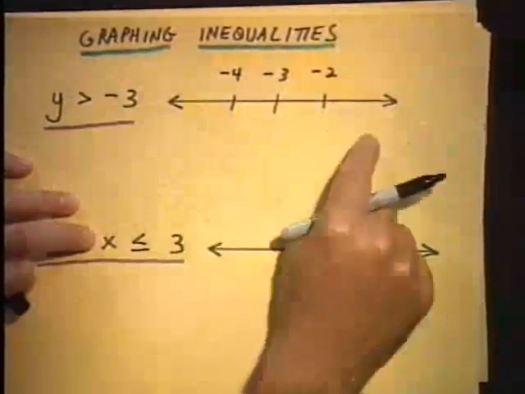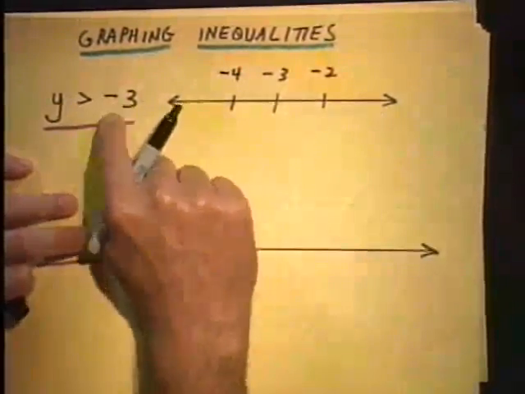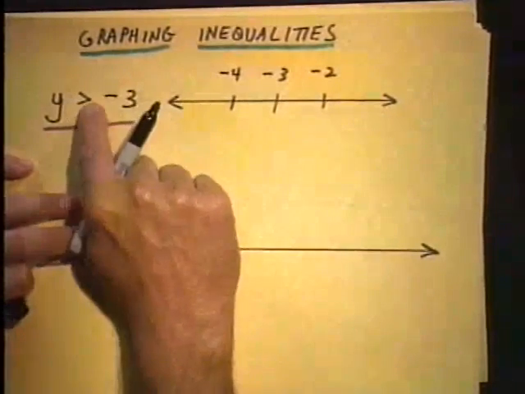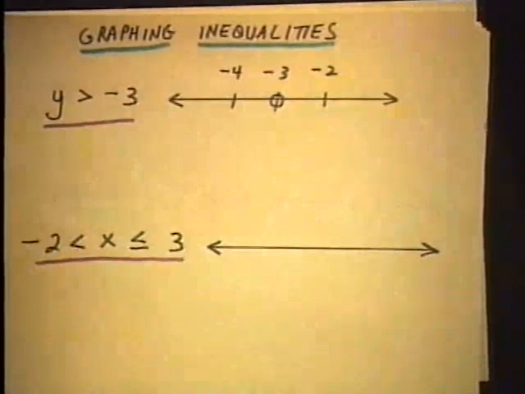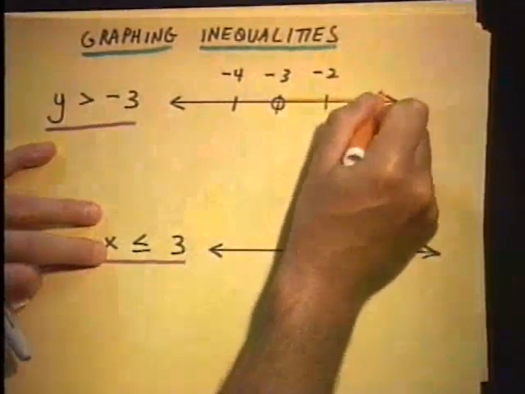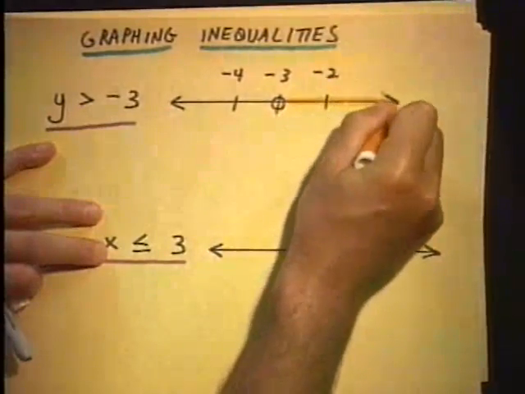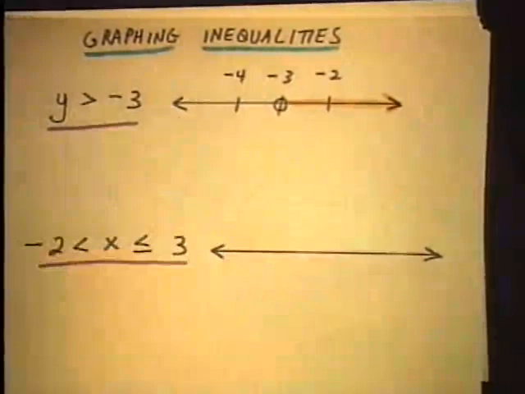So we want to get this in correct order. And again, you don't have to go back to 0. Now, open or closed circle on -3? It doesn't have the equal to in it. We're going to put an open circle, and we're going to shade everything which way? Numbers greater than -3, it's kind of which way the inequality is pointing in this case. So that would be the graph of y, all numbers greater than -3.